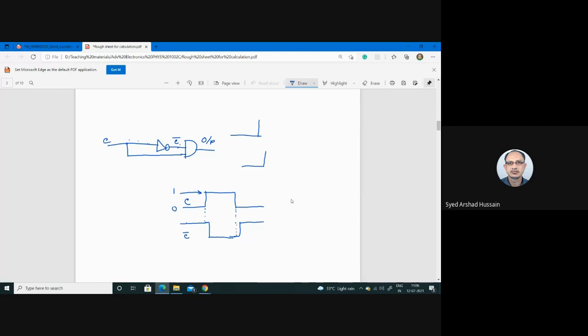Okay, so this time period is mainly due to propagation delay. In that case you see that this is C bar, this signal, and this one is C, this signal. So you will see that for this small time period both the inputs are high. That means you will have an output like this.